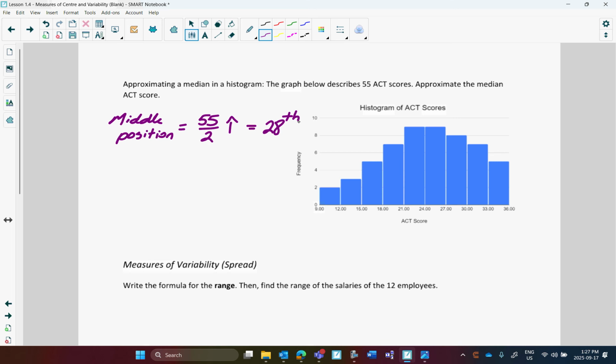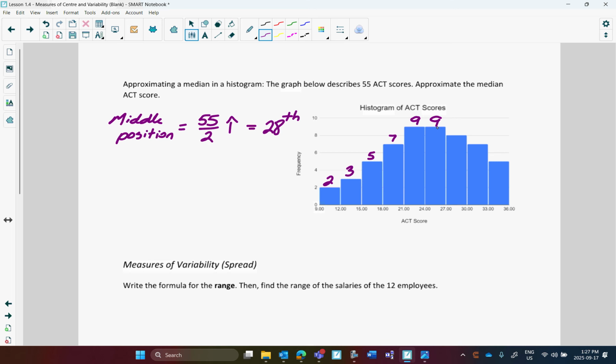Well, these are all listed from smallest to largest, right? So how many are here? 2, 3, 5, 7, 9. Keep counting until you get to the 28th one. So 3, 5, 10, 17, 26.